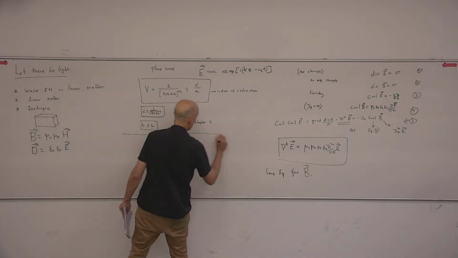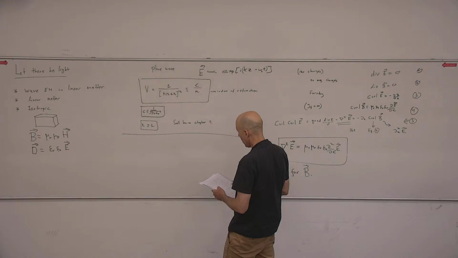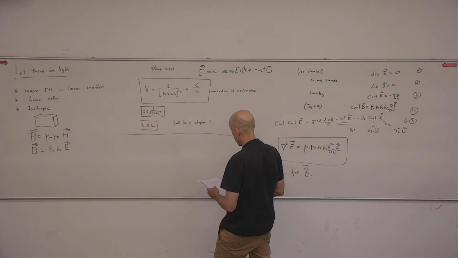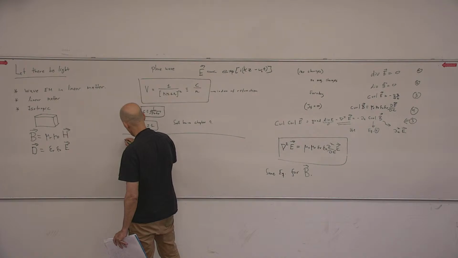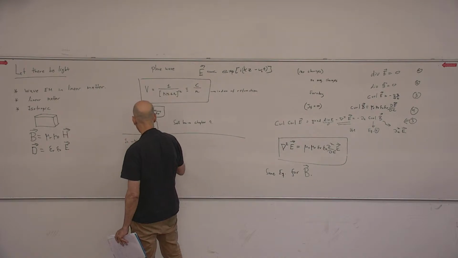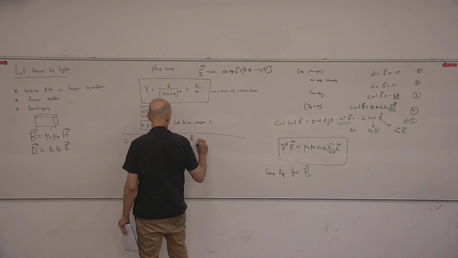So now we have these predictions, and we are going to ask in which direction E and B point.